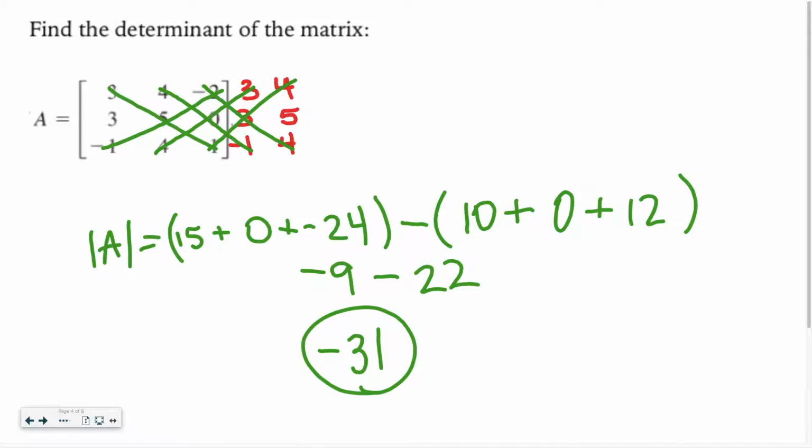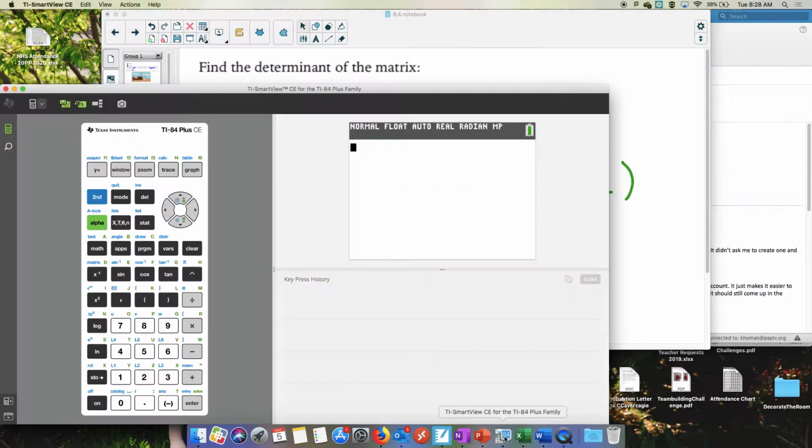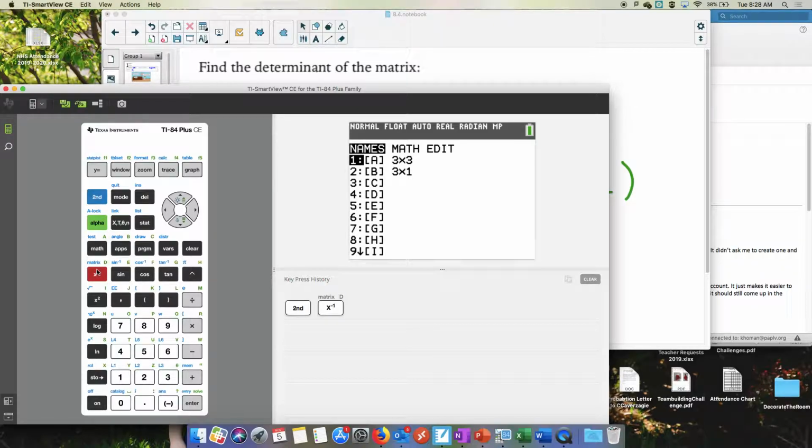We check our work. Get out your calculator. I'm going to show you how to do this in your calculator. When you have your calculator, go ahead and edit matrix A to be what we just did. I know it's on one page to the next. Go ahead before you switch to the new page. Edit matrix A in your calculator to be the one that we just did by hand.